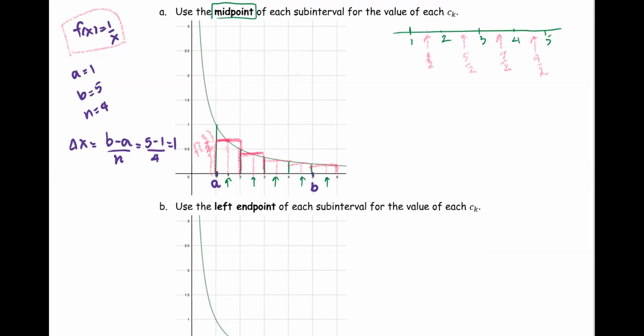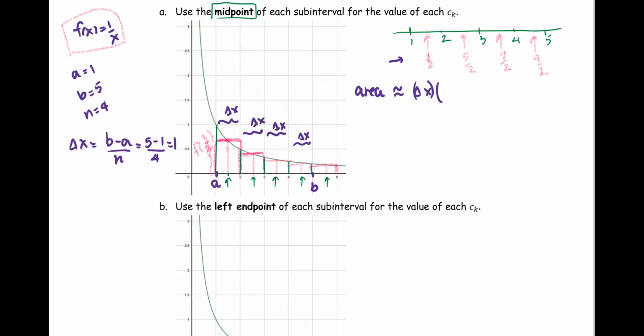Now we're going to approximate the area. So the area is approximately equal to the delta x as the width, because they all share the same delta x. But the height depends on the function value at each midpoint.